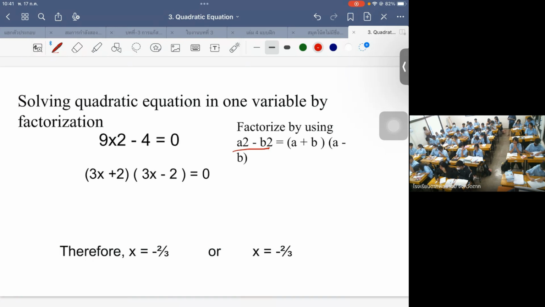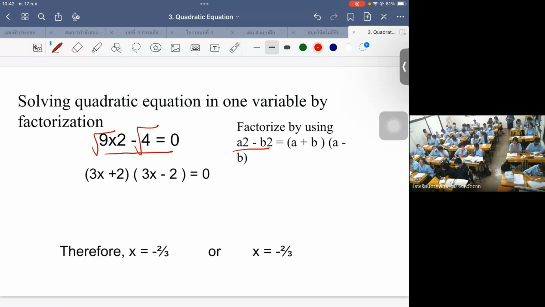So we have, so this equation, we need to get the perfect squares, right? This is perfect square and this is perfect square. So we have 3x plus 2 and 3x minus 2. So get the factor of this equation before the process on factorization.